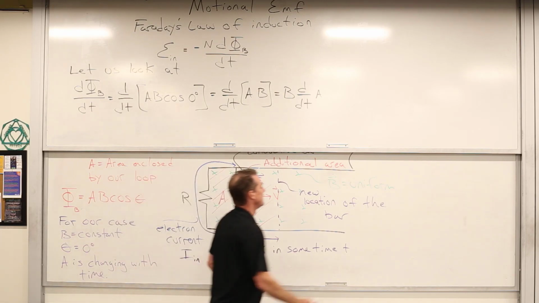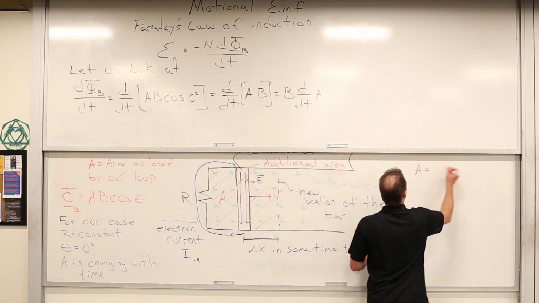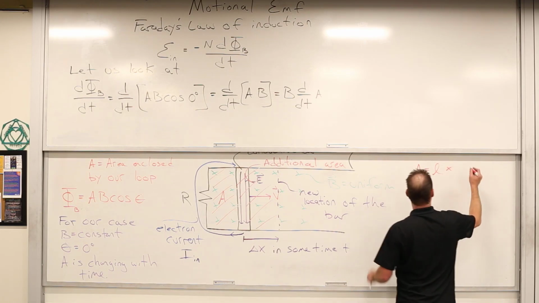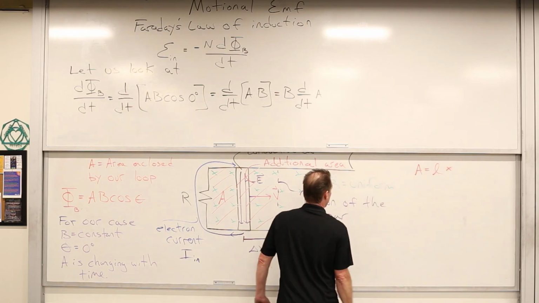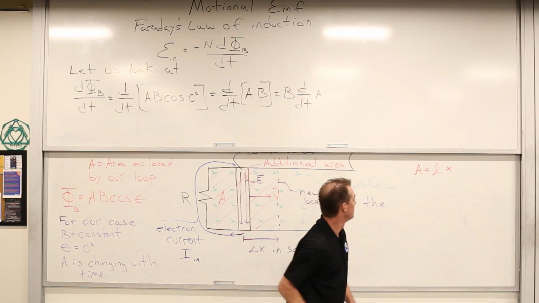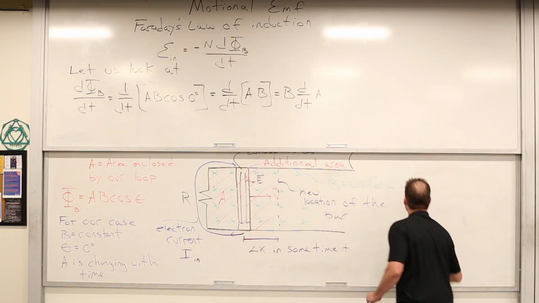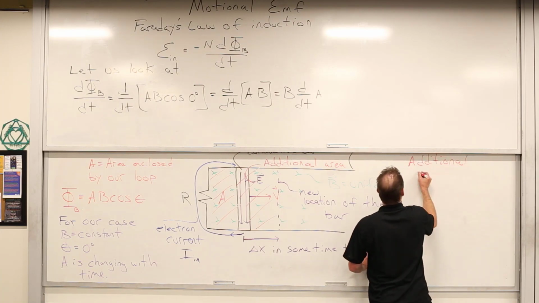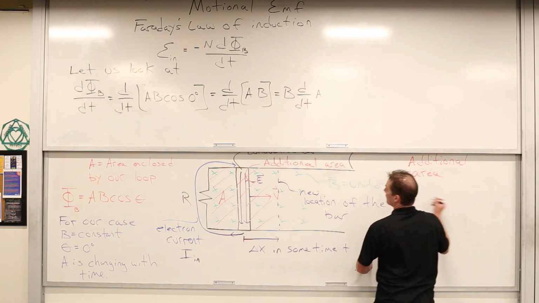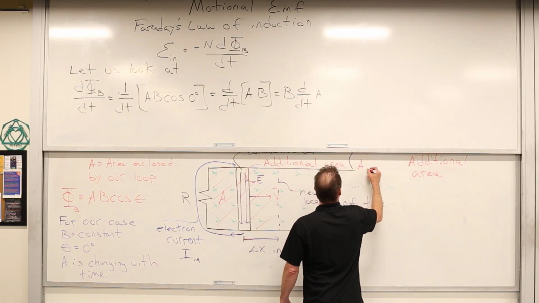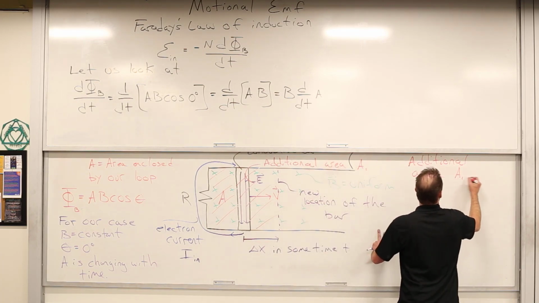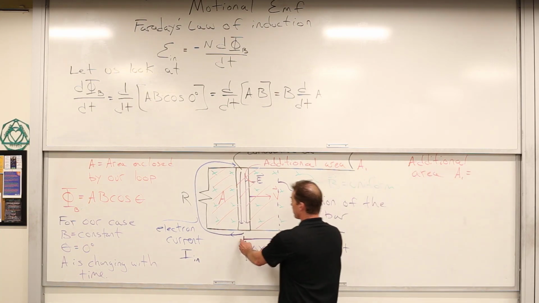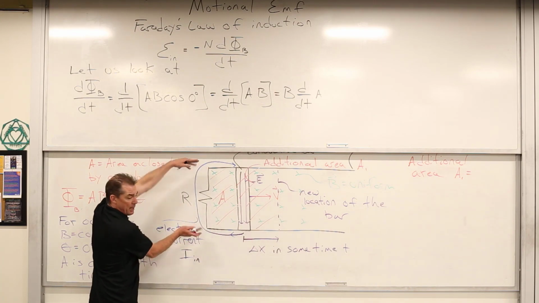The area itself is equal to the length times, let's actually say the change in area, the additional area. Call this A1. The additional area is going to be equal to delta x multiplied by this dimension here.